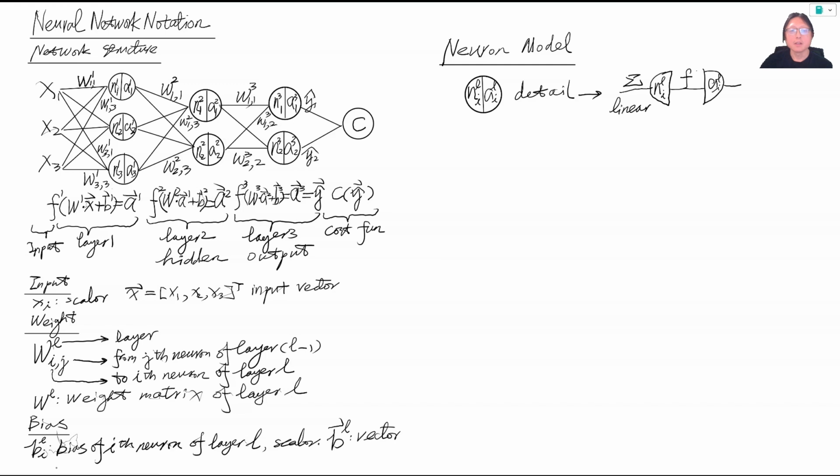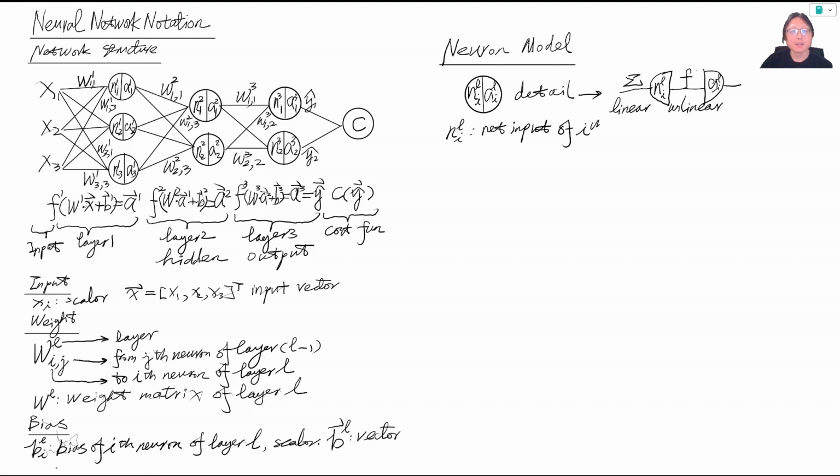The net input goes through the function F to get A, which is the neuron output. So the neuron perfectly combines the linear calculation and the nonlinear calculation together.